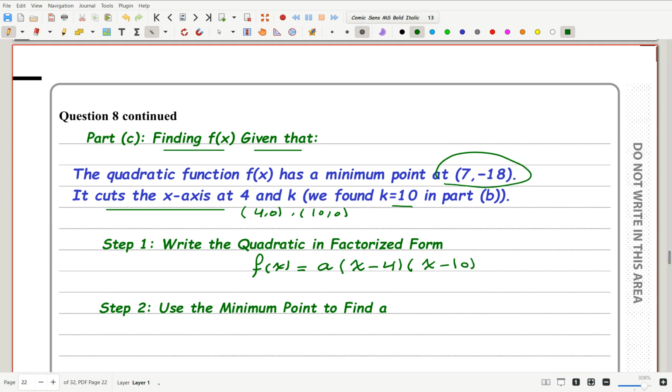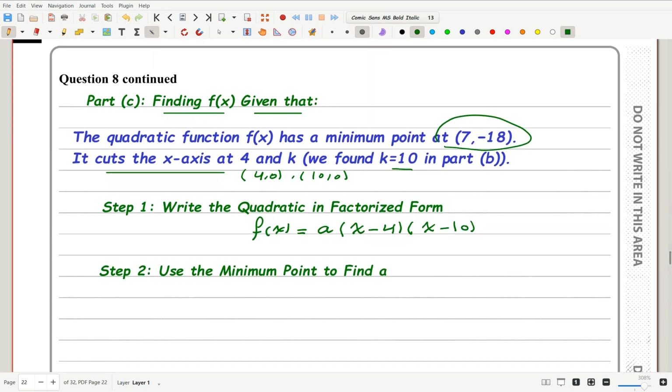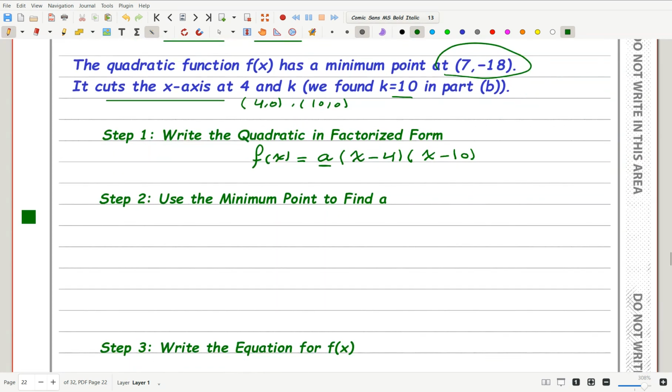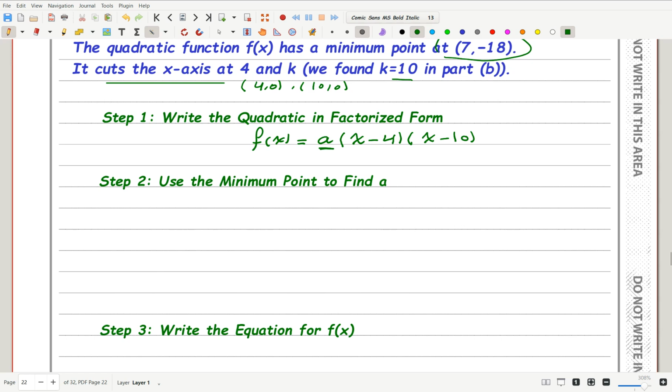Now using the minimum point to find a: the point (7, -18) means f of 7 equals -18.